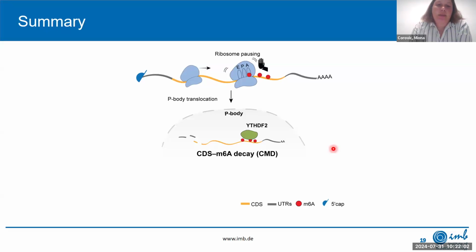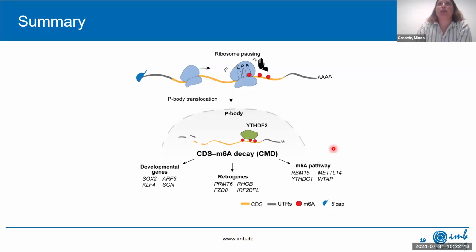And something that I was not talking a lot about in this presentation, but that can give an idea about the physiological relevance of this pathway, are some of the targets of this pathway. So we could see the M6A pathway transcripts that are self-regulating themselves, basically.